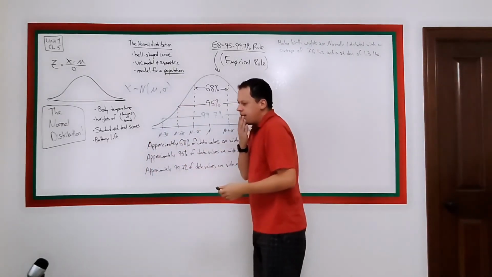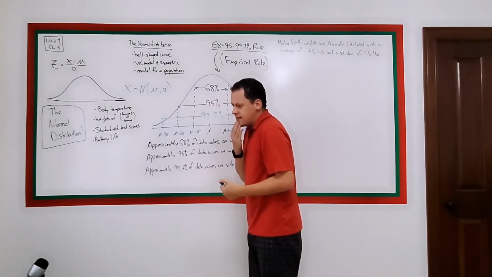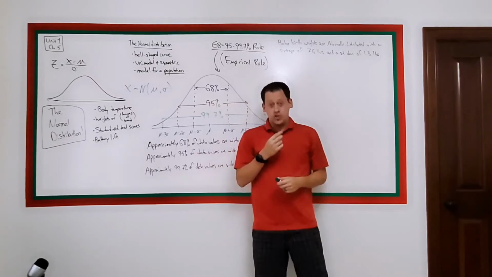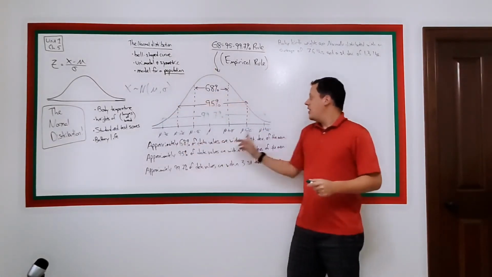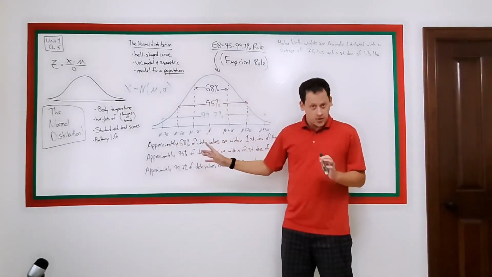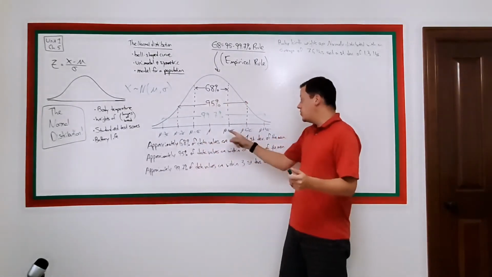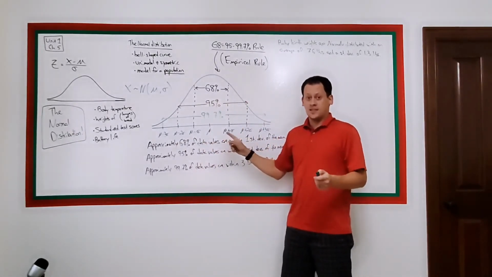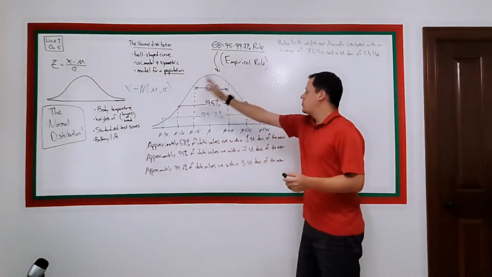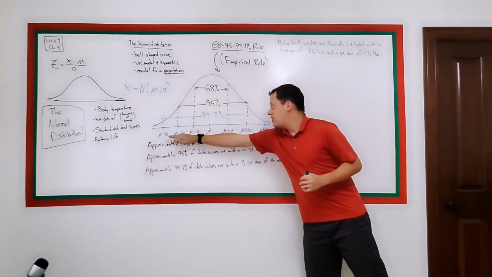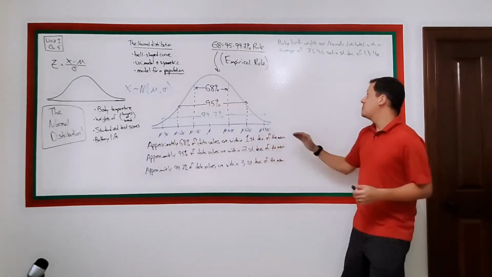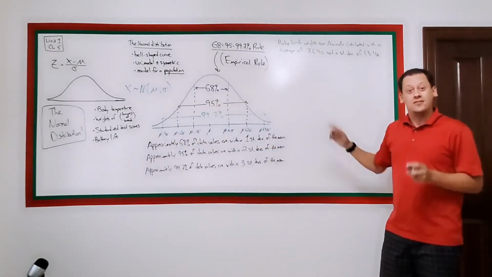Yes. I really, really do want you to draw this curve again in your notes. Draw it again. Don't use this one. Practice makes perfect, right? Draw this curve again, but you'll be able to actually label the values on this axis because you know what the mean and standard deviation are.